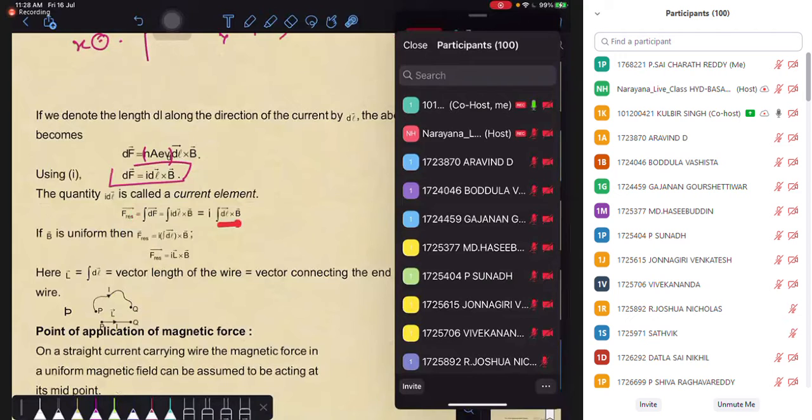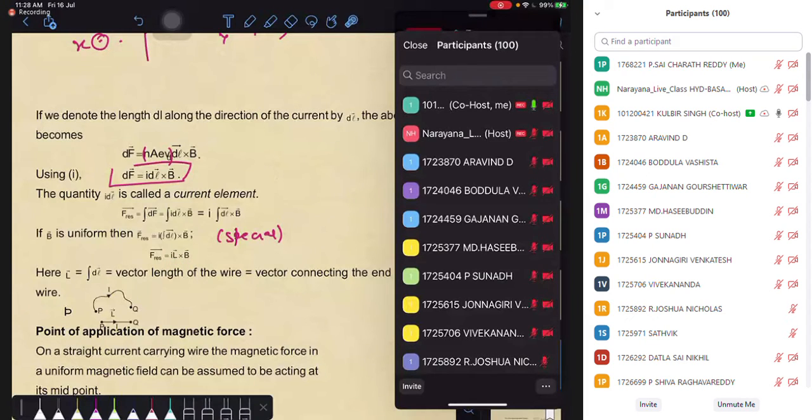Now it is an integration over dl cross B. As a very special case, not a general one, if B is constant, then B is also out of the integration. And what is left in the integration? Only dl is left. So I can say the total force is I L cross B.